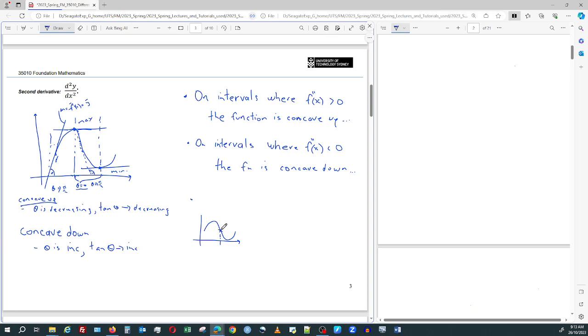So we call this point the point of inflection. We've been over that before, but the point of inflection occurs when?